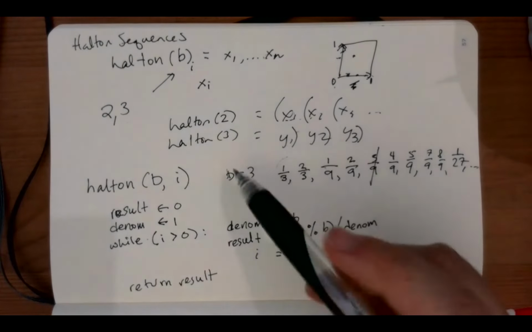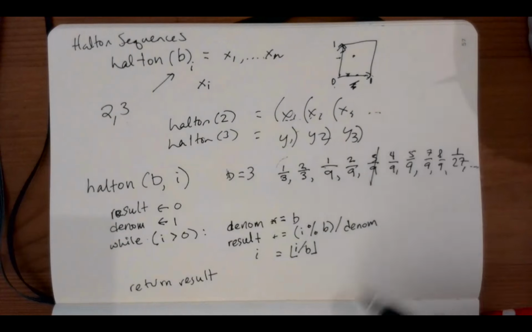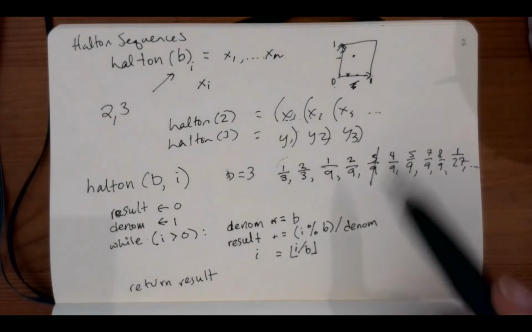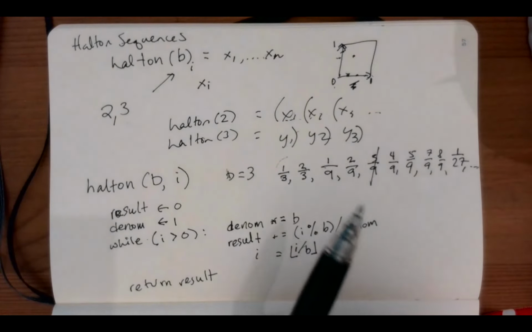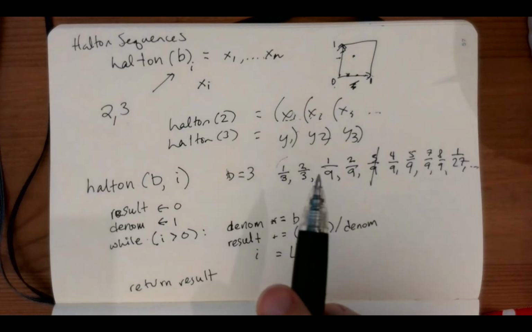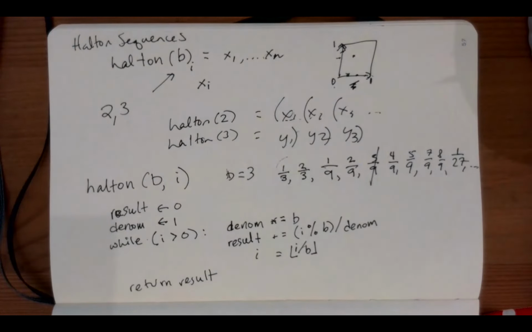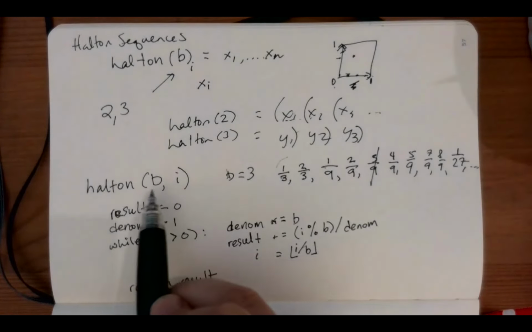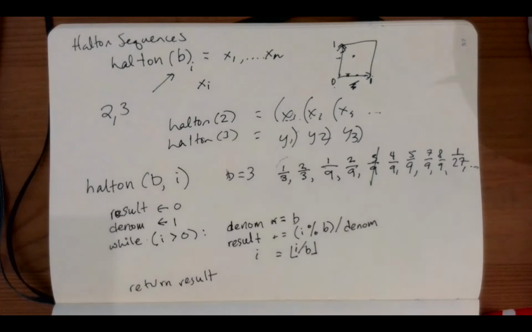Pretty simple in terms of number of lines of code. I'm going to put a few minutes on the clock now for you to work out the Halton sequence for a base value of 2.